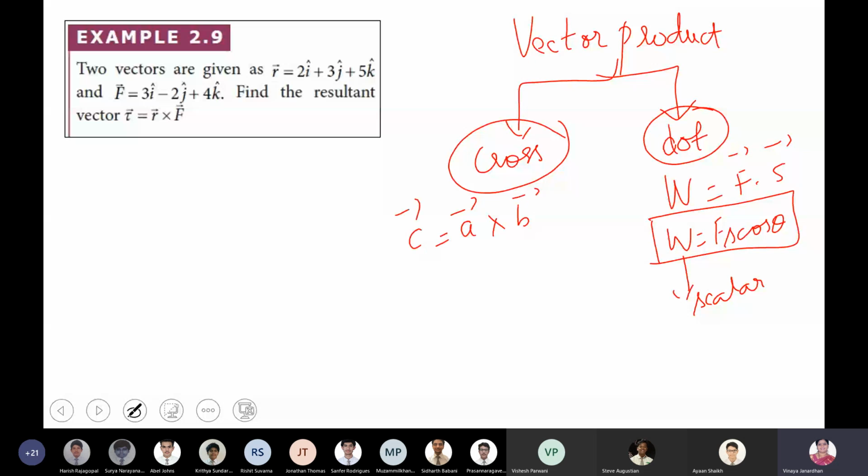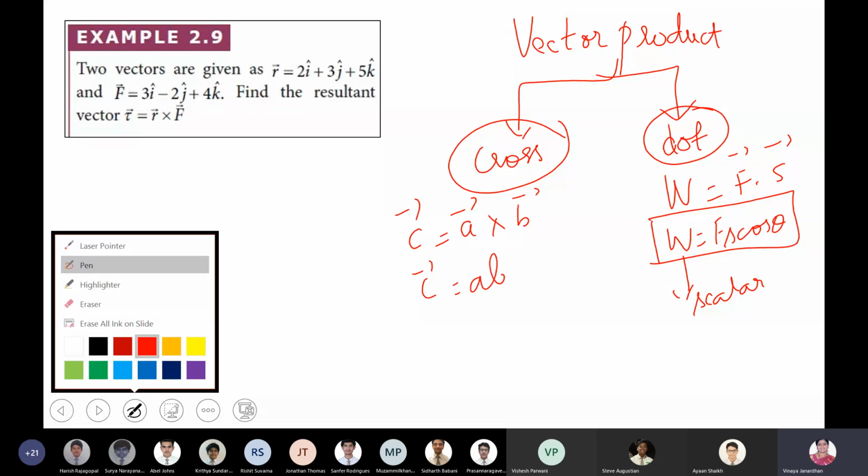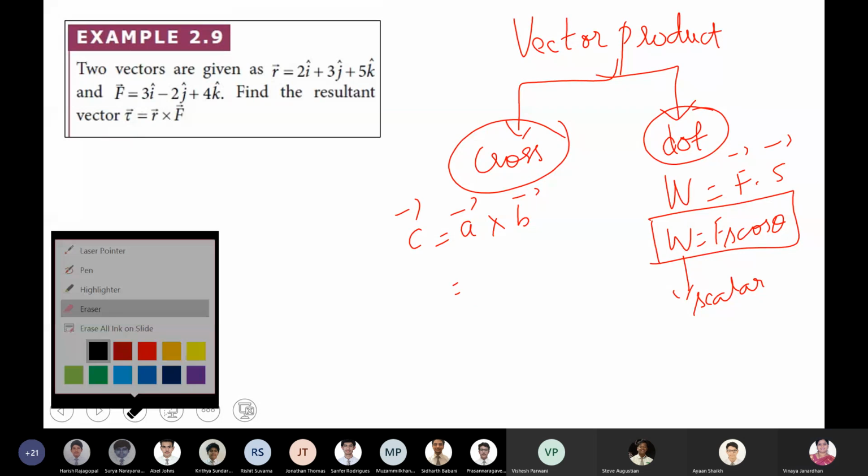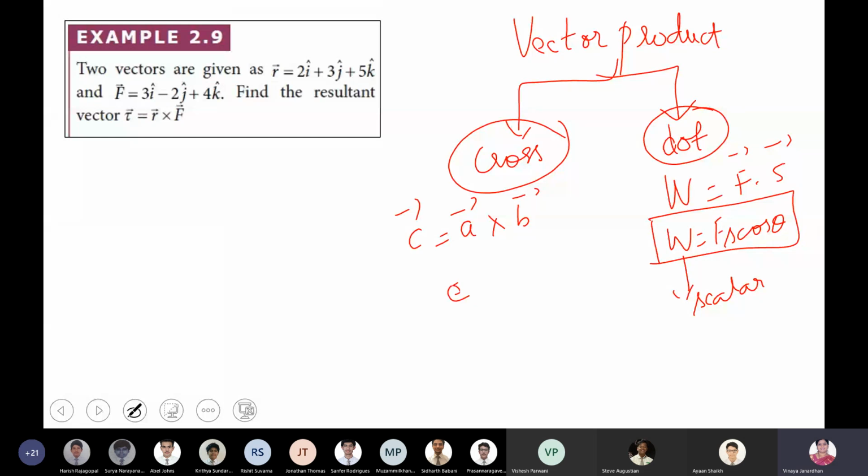So the resultant is a vector. The magnitude of this vector, we'll see how it comes to be AB sine theta. So the cross product of both the vectors will be a vector itself.